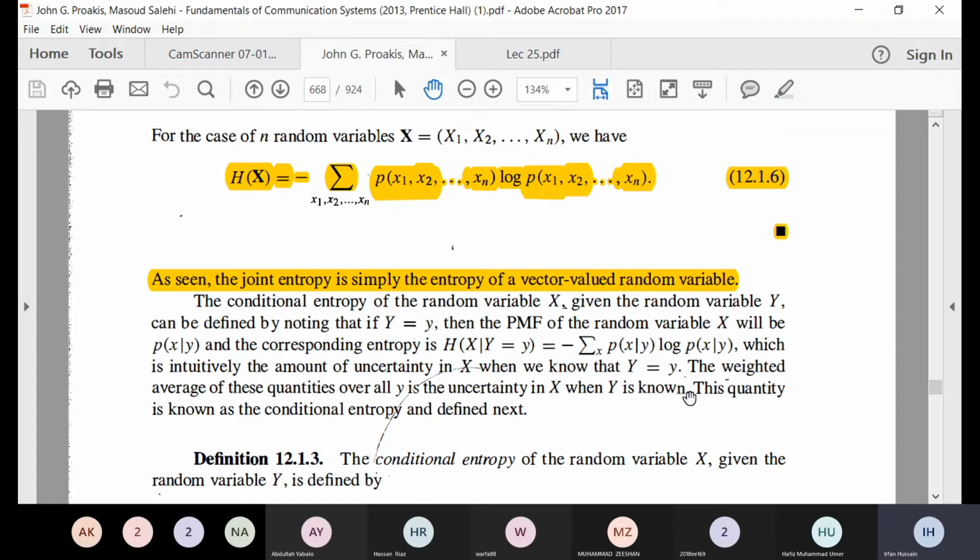All right. So now we have conditional entropy. Conditional entropy is the entropy corresponding to a value of a known random variable. Given the random variable, it can be defined by noting that if Y is equal to y, then the PMF of the random variable X will be p(x|y). This is the main thing. So in that case, entropy, given that the random variable Y is equal to y, will use p(x|y), same thing as you saw p(x), or p(x,y).